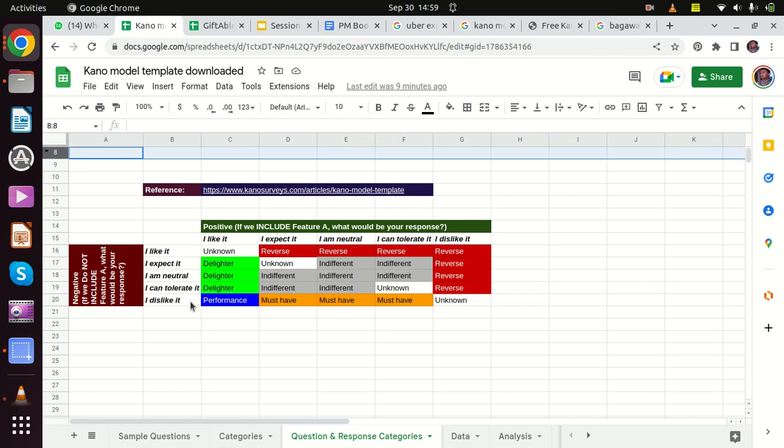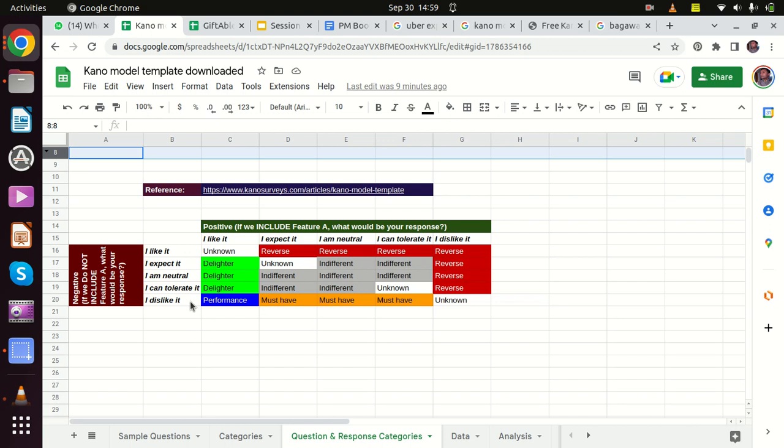Same way, I do not include it and the customer says, I expect it. I'm not expecting you to deliver that. I'm thinking you may not be delivering that. But then I ask the functional question, if I include feature A, what would be your response? And they say, oh, I'll be happy, I like it. So when you combine these two responses, the meaning is that it's a delighter.